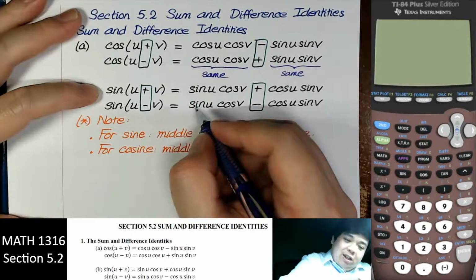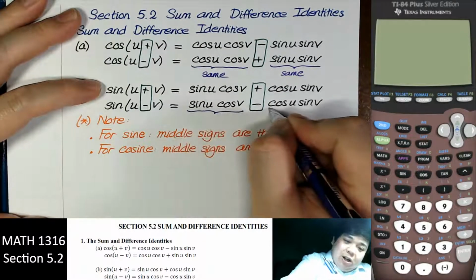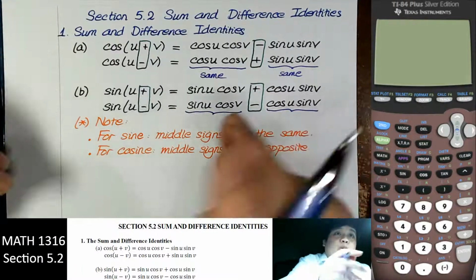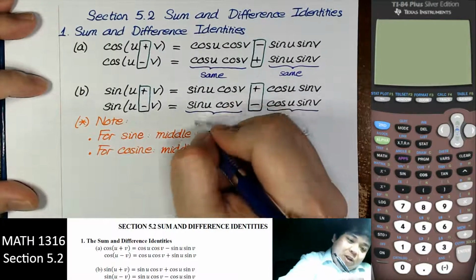And for sine, it's sine cosine and cosine sine, so there will be a mixture of sine cosine, or just say different.